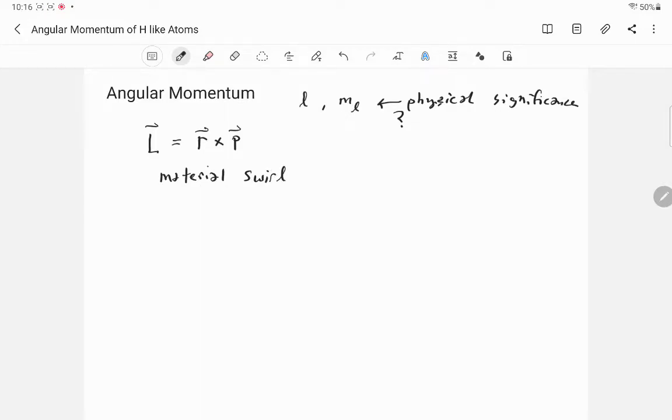You pick an axis, which gives you a way to say what r is. r is measured from an axis, and you go from the axis out to where you have material moving. The material has momentum out away from an axis, and doing this cross product gives you this interesting quantity called angular momentum, so a material swirl.